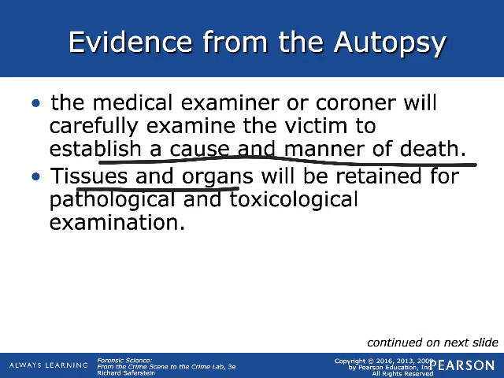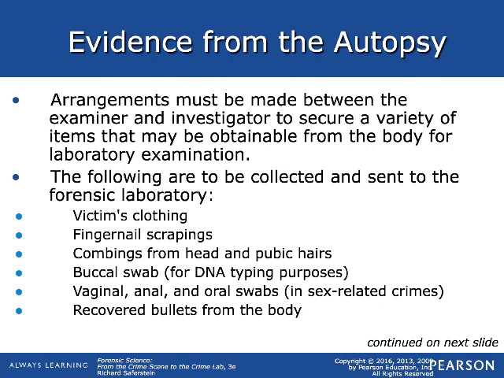They're going to take sections of them and preserve them so that they can be examined for the pathology, what actually went wrong that caused them to fail, or whether there were drugs or other toxins involved that could kill someone. The medical examiner or the coroner is going to work with the investigator to determine what items need to be obtained from the body and sent to the lab for examination.